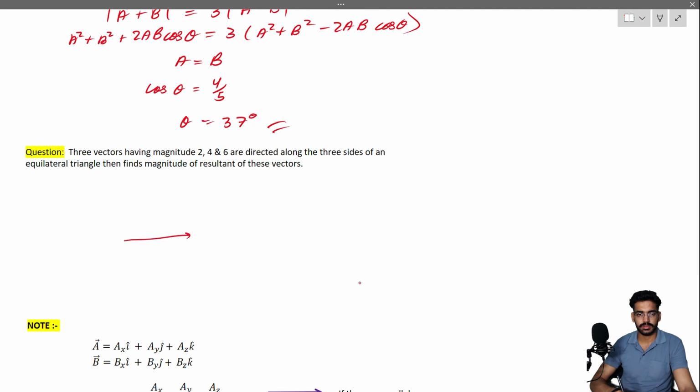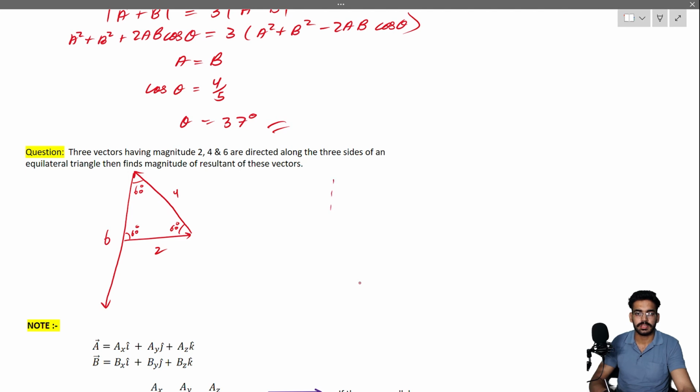So this is 2 and this is 4 and then there is a 6, like this. They are directed along the sides of an equilateral triangle, which means this is 60 degrees, 60 degrees, 60 degrees. Okay, like this.